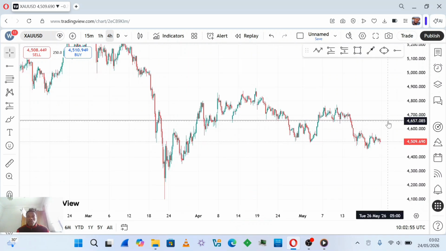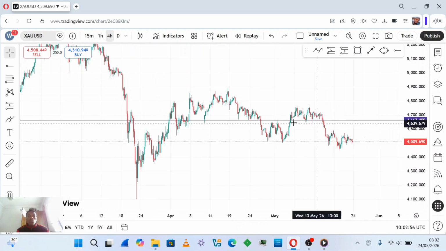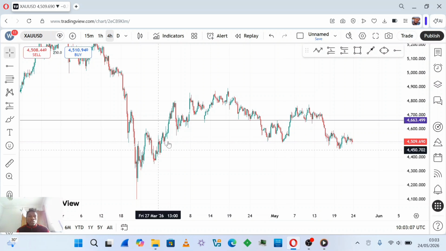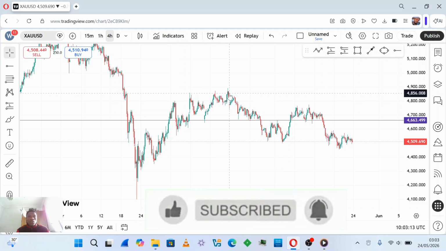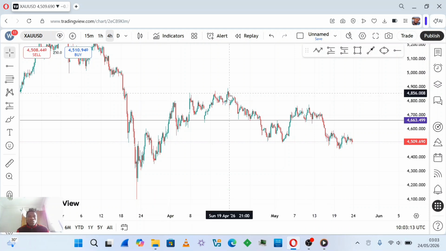Okay, so knowing that anything below here is a sell, what should I do next? All I need to do, because after the indication I was expecting price to correct. After correcting, I need a change of minor structure, and as you can see, after price formed this uptrend reaching this level, price refused.